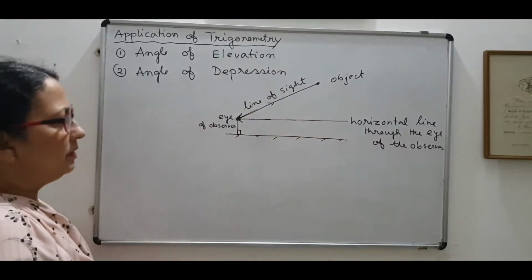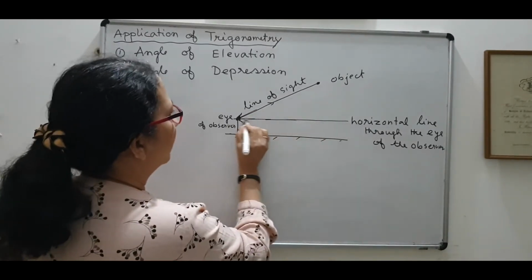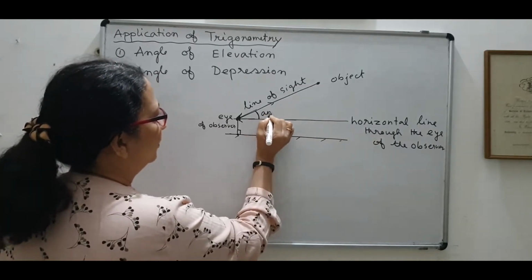Okay. Then the angle between this line of sight and the horizontal line through the eye of the observer will be known as the angle of elevation.